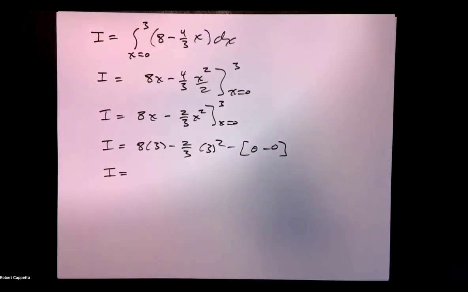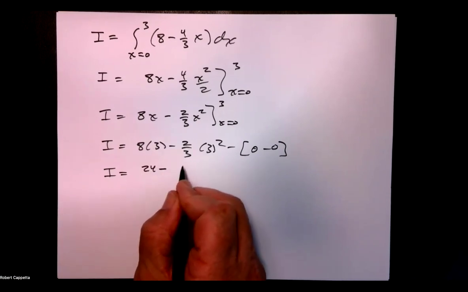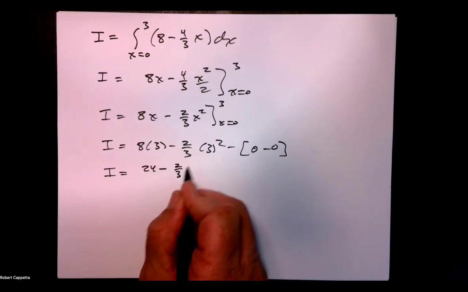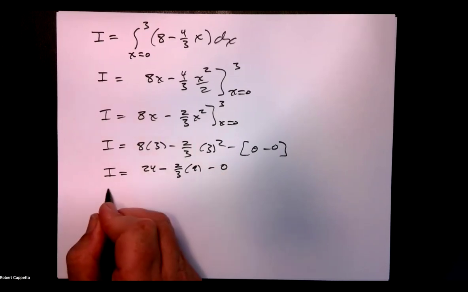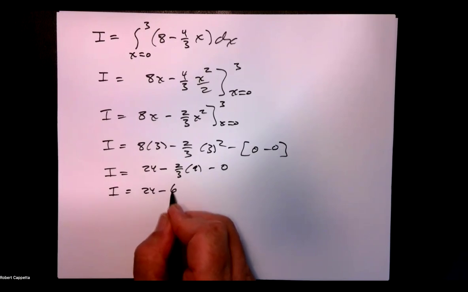What does that give me? 24 minus 2/3 of 9 minus 0. 24 minus 2/3 of 9 is 6.